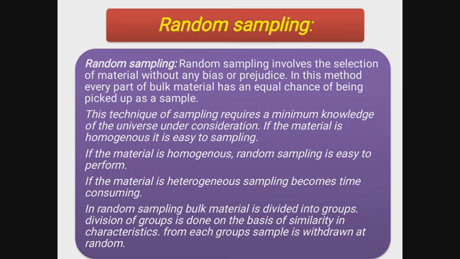Random sampling involves the selection of the material without any bias or prejudice. Meaning, in the selection of a sample, there is no prejudice or bias, and no consideration is made during the sampling of the given sample.